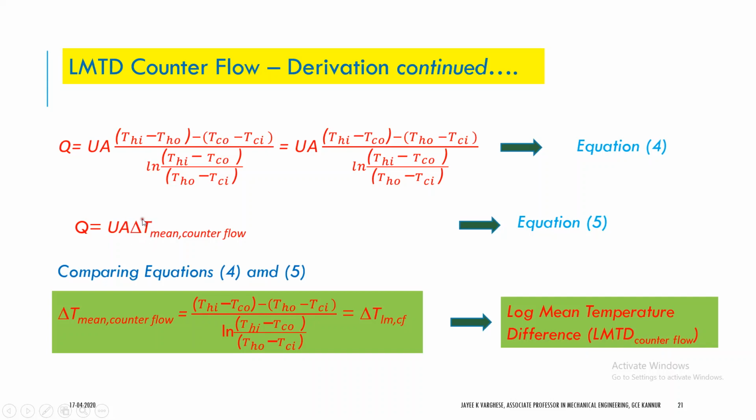We can calculate the heat transfer if all these things are known: overall heat transfer coefficient, total area, and LMTD. Or if heat transfer is known and any parameter is missing, we can calculate that particular parameter. For example, the missing parameter is the area of the heat exchanger, or rather the length of the heat exchanger.